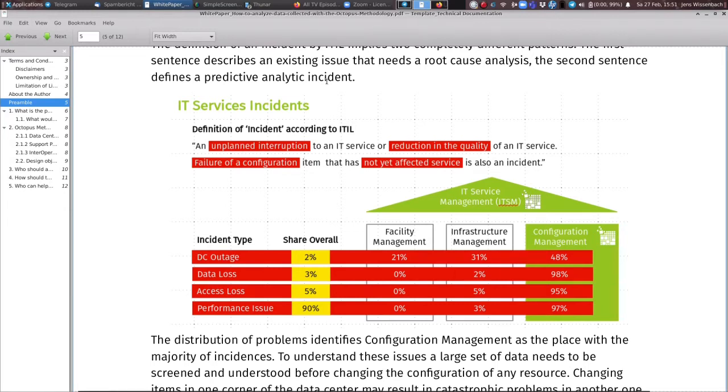An incident is an unplanned interruption to an IT service or reduction in the quality of an IT service. This is a loud cry for a root cause analysis where I have an immediate problem that needs to be fixed right away, and that is the normal way of doing things, reacting to problems.